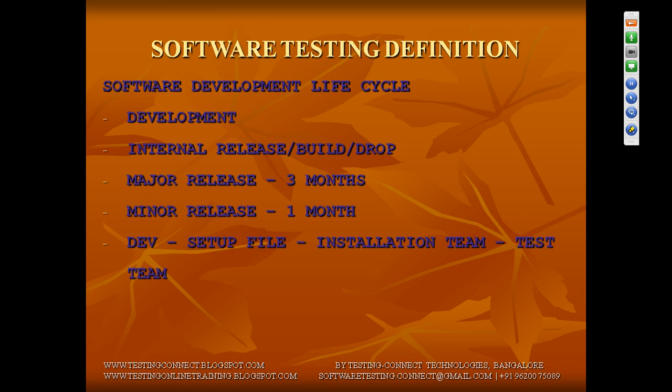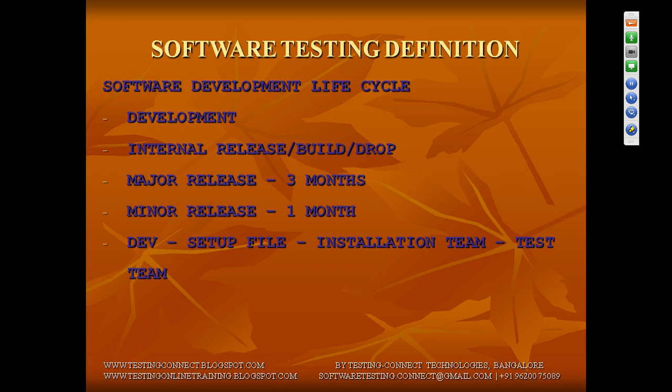The development team initially makes it a setup file and sends it to the installation team for installing. Once installation is successful, the installation team sends a mail to the testing team and development team saying installation was successful, carry on your testing activities.